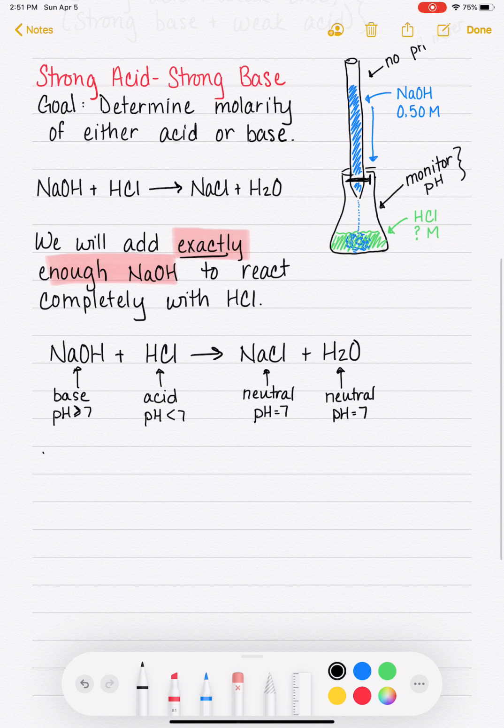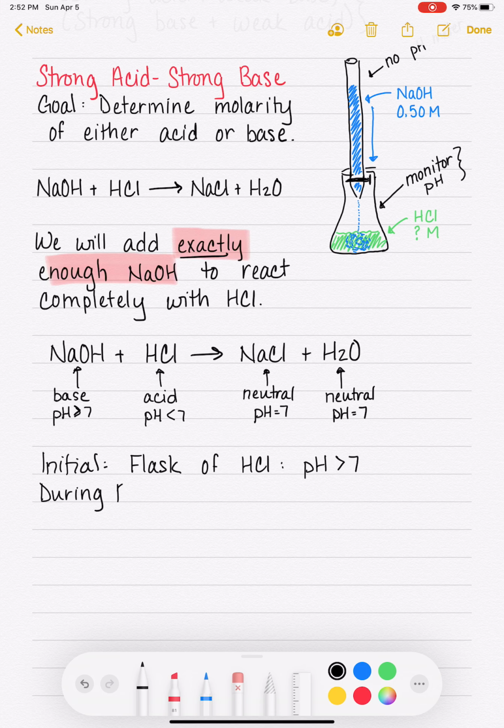Initially, before the reaction starts, the flask, which is just full of HCl, will have a low pH, something less than 7. As we add sodium hydroxide down into that flask and the sodium hydroxide reacts with the HCl and starts using it up, so during the reaction, the pH of the flask is going to start to go up.